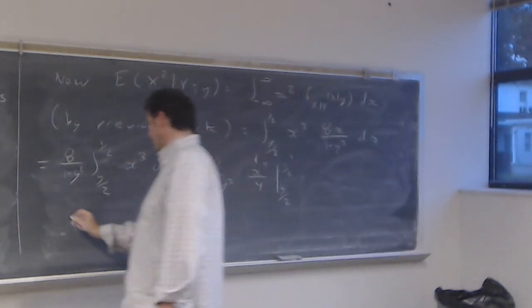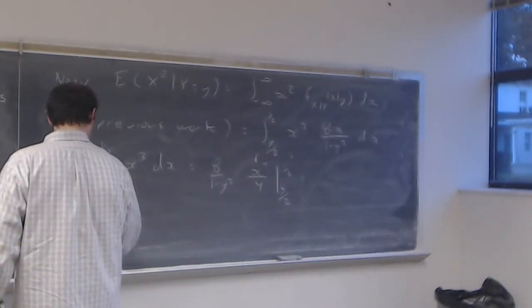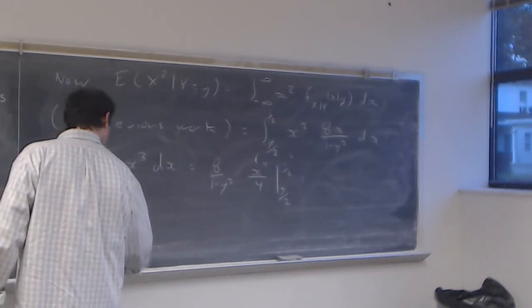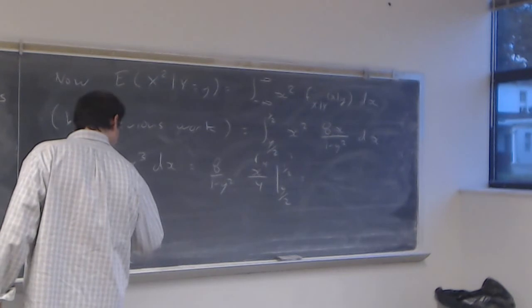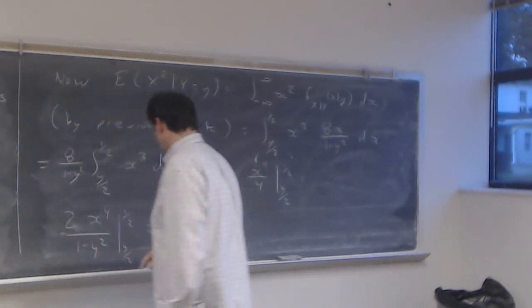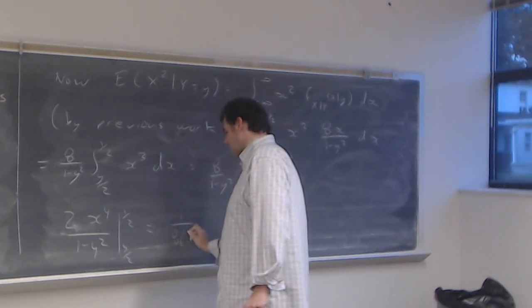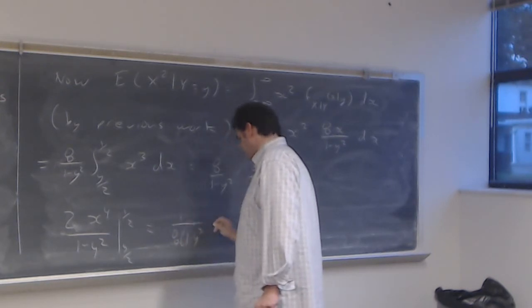That ends up being 2 x to the 4th over 1 minus y squared, evaluated from y over 2 to 1/2. You stick in 1/2 and you get 1 over 8 times 1 minus y squared.